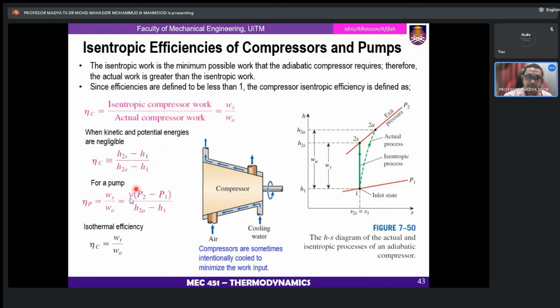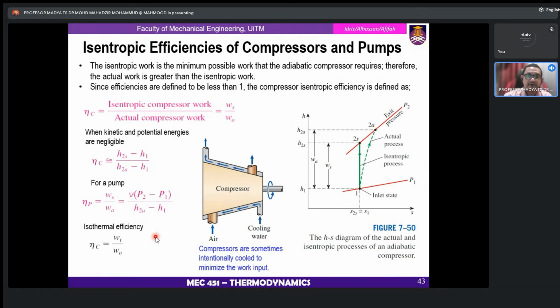And for the pump, specific volume times the change of pressure, P2 minus P1, over H2 actual minus H1.